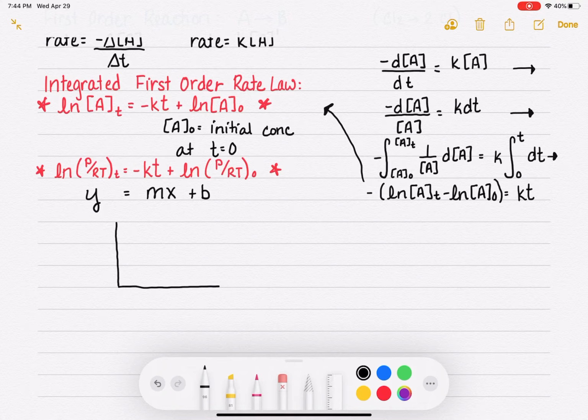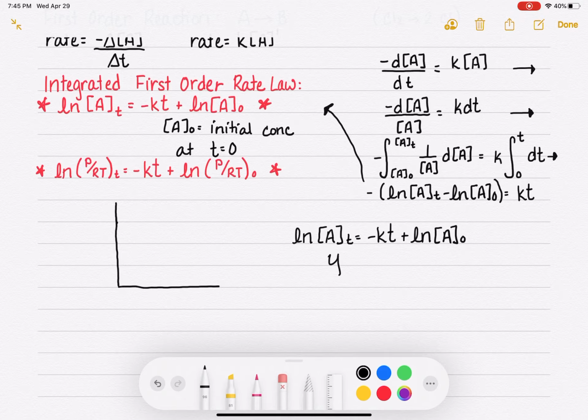So I'm not really stoked on using the gas version of this because of all the variables that are in there. I don't really want to do that. So I'm going to rewrite the molarity version, natural log of A at time t equals negative kt plus ln A at time 0. And underneath it, I'm going to put y equals mx plus b.